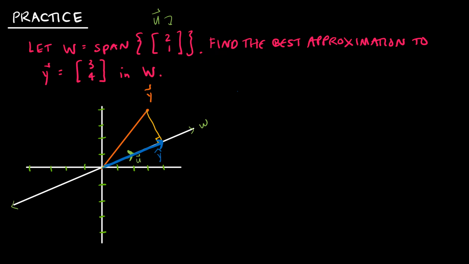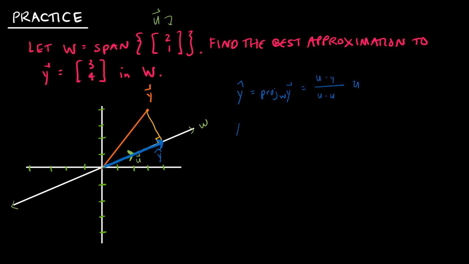So how do I find Y hat? Remember, Y hat is just the projection of Y onto W in this case. And to find it, we're just using that formula that says we're going to take the dot product of U and Y over the dot product of U and U, and then multiply by U. So this is that same formula we've been using.